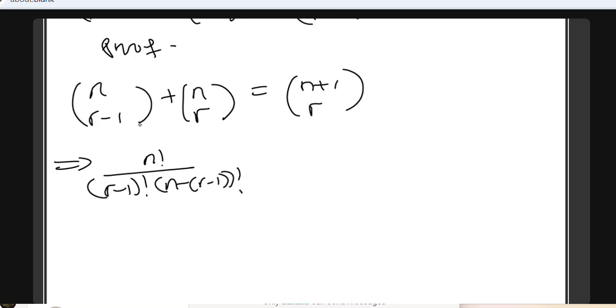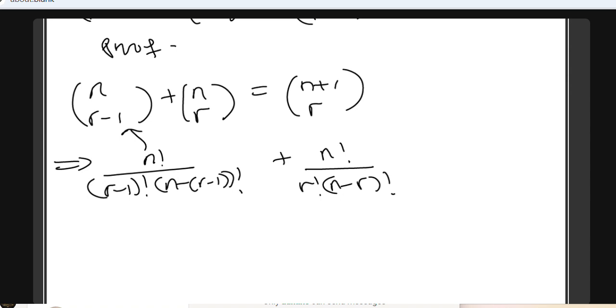This is for this one. Then plus n factorial over r factorial n minus r factorial.